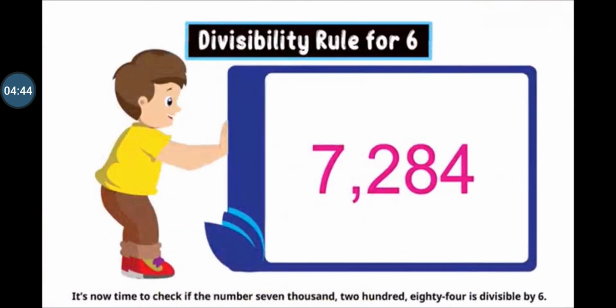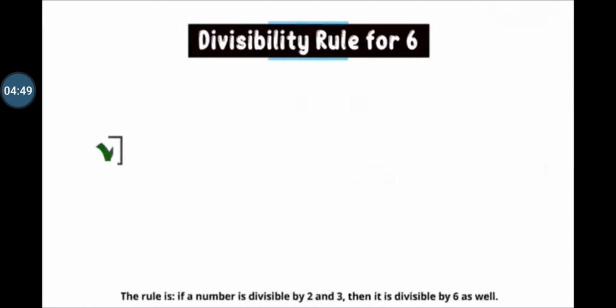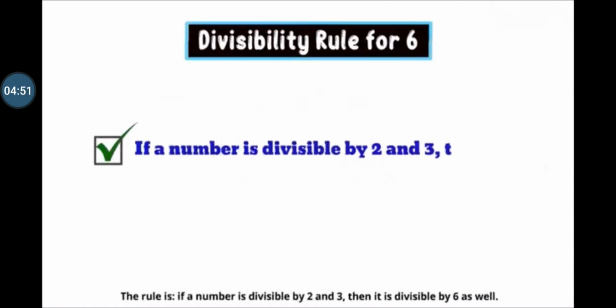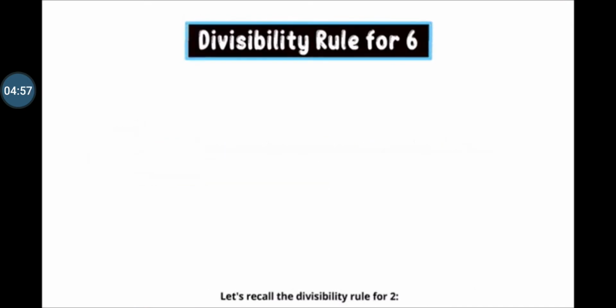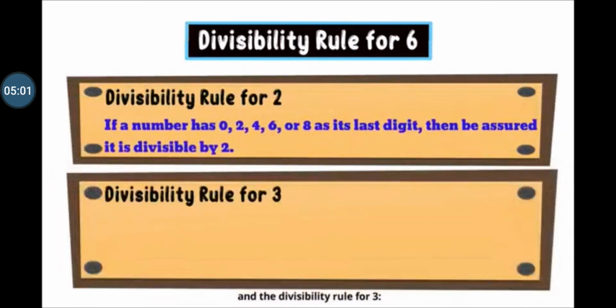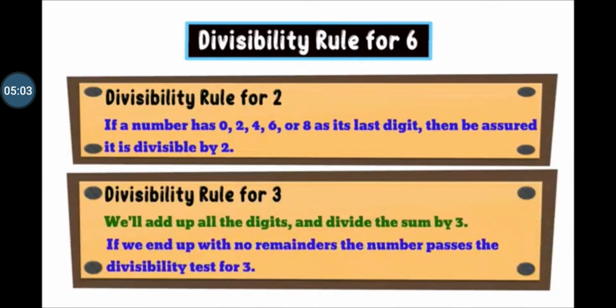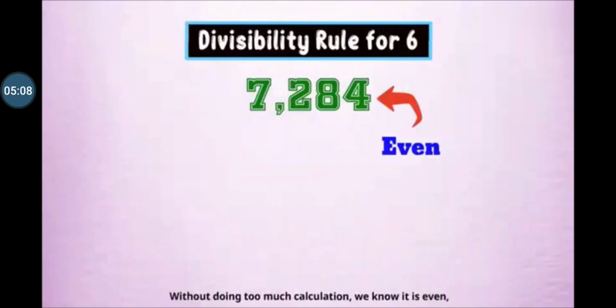Look at this number for the divisibility rule of 6. If a number is divisible by 2 and 3, then it is divisible by 6 as well. For 2, we have to check if the last digit is an even number. And for 3, we have to add up all the digits and then check.